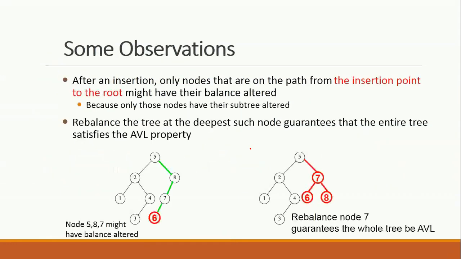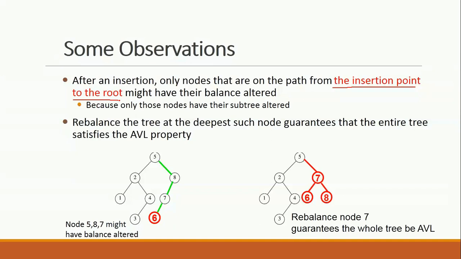Some of the observations are: after an insertion, only nodes that are on the path from the insertion point to the root might have their balance altered, because only those nodes have their subtrees altered. That is the basic reason behind it. Rebalancing the tree at the deepest such node guarantees that the entire tree satisfies the AVL property.